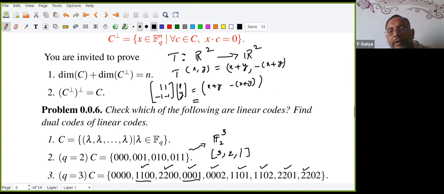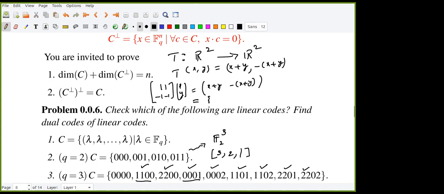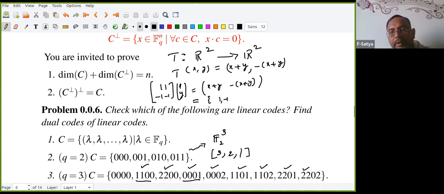So it is actually the span of (1, minus 1). It is some z times (1, minus 1), where z belongs to R. I hope you understand. I'm asking for the range of T. So this is one dimensional.